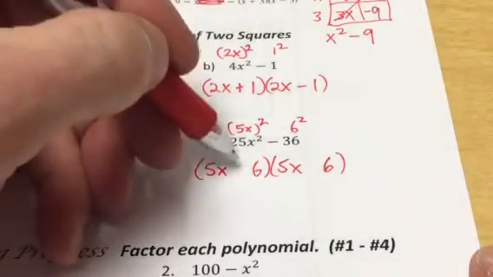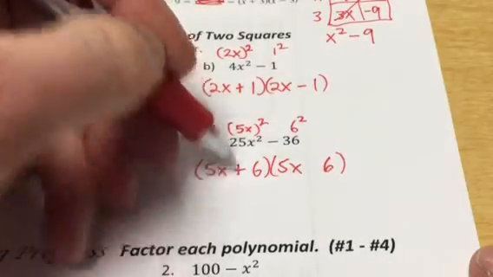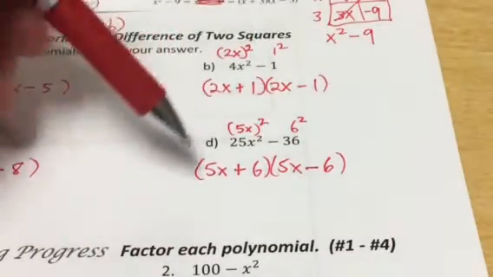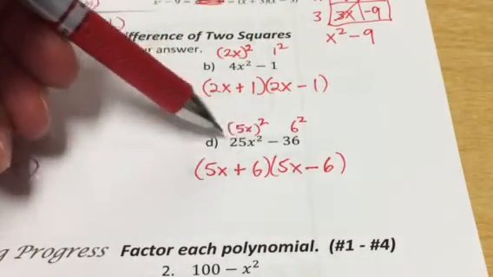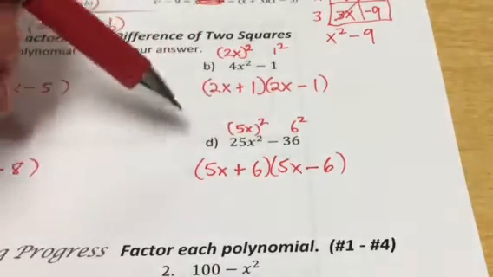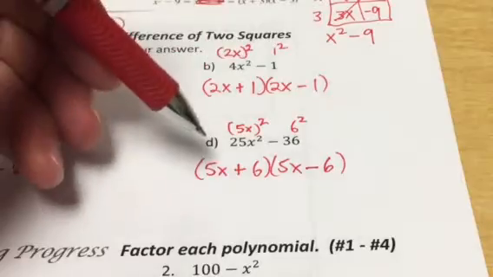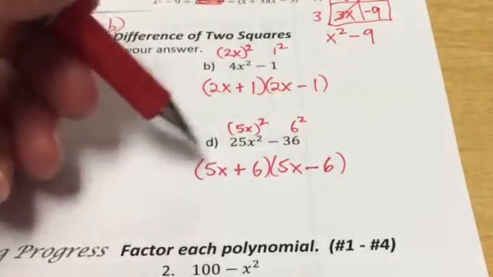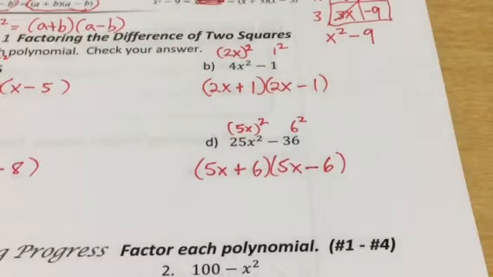So now we can write this as 5x plus 6 and 5x minus 6. So once again, we have a difference of squares, two square numbers being subtracted, and we wind up with factors that are conjugates.